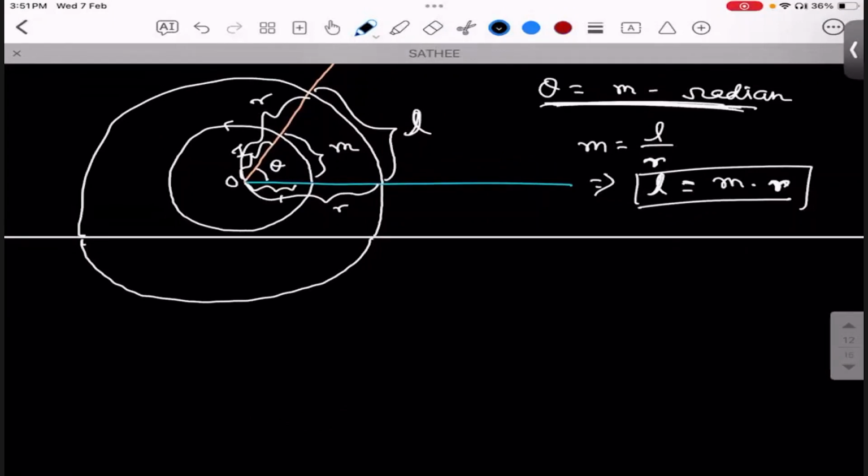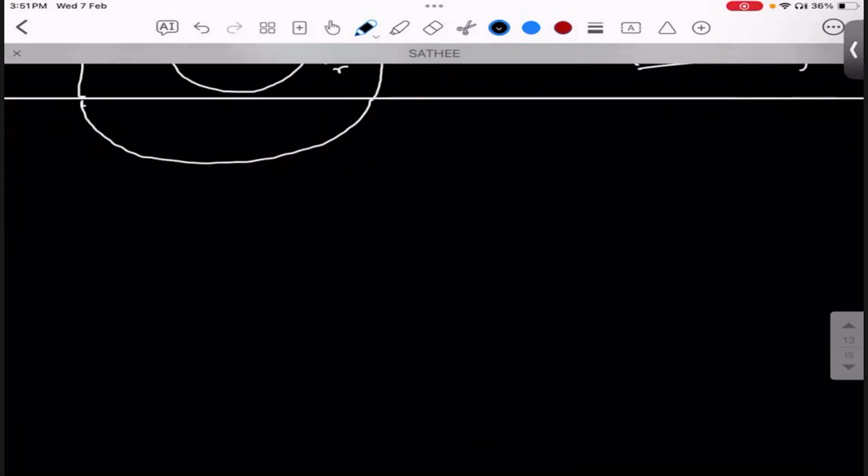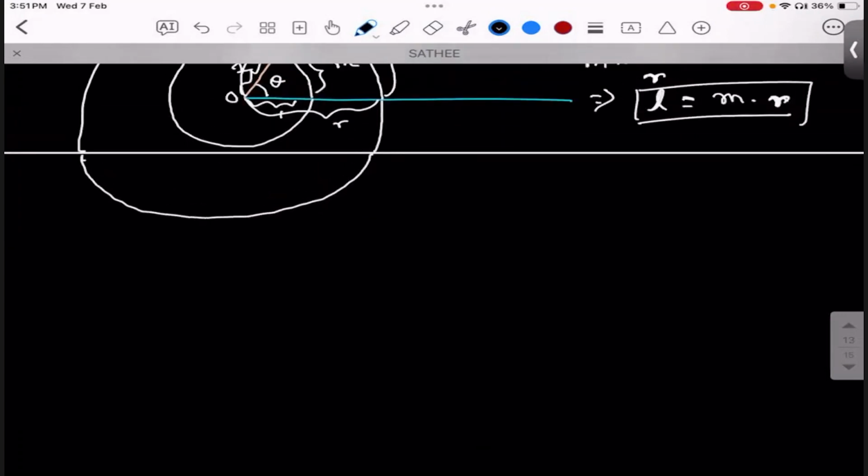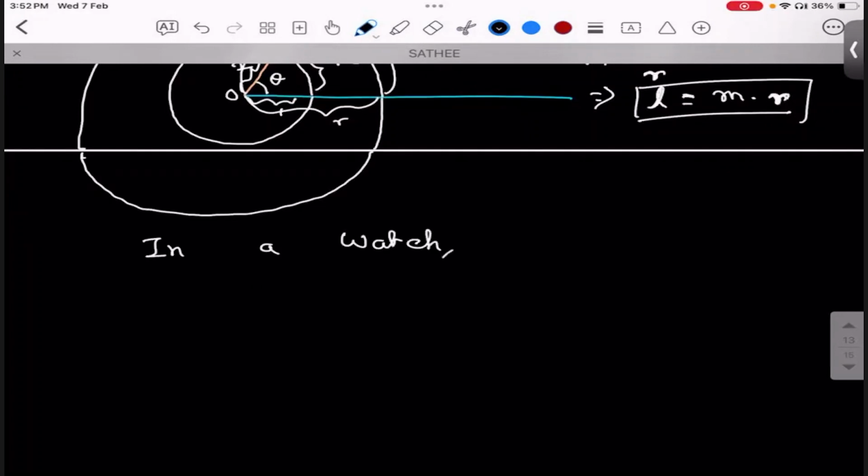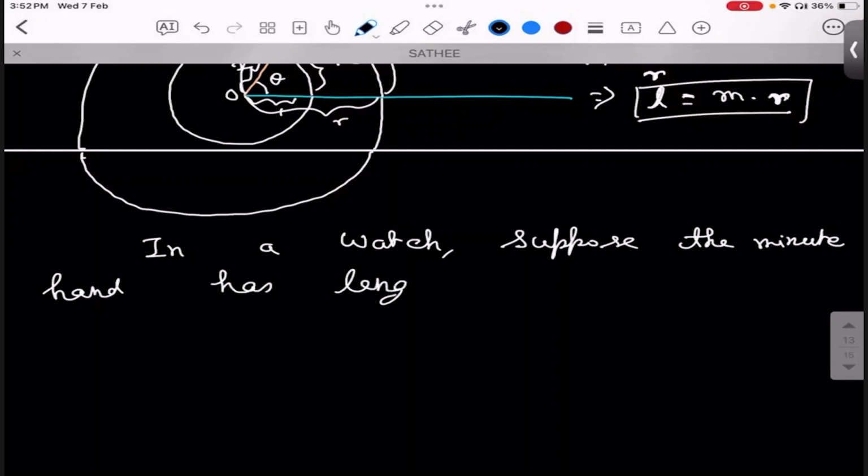So the question is: okay, we can use this thing. In a watch, suppose the minute hand has length 1.5 centimeter.